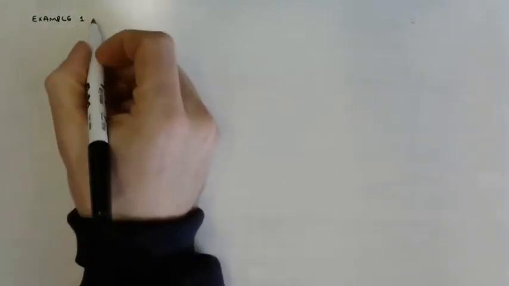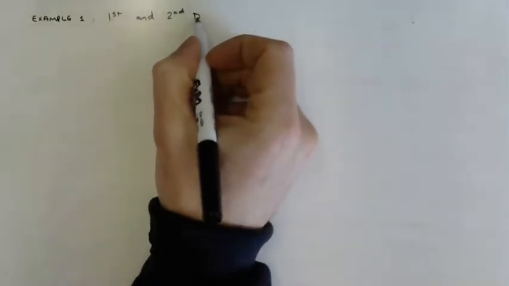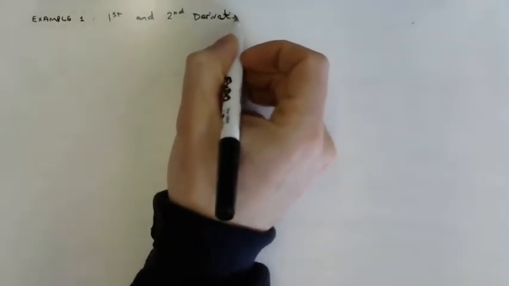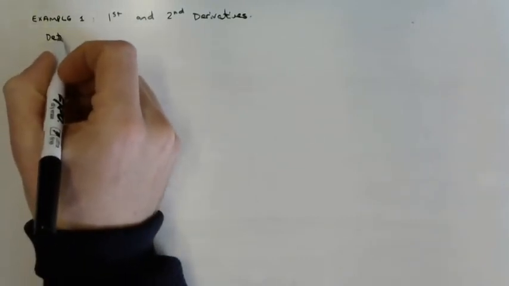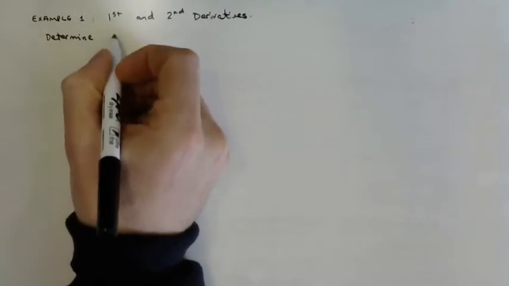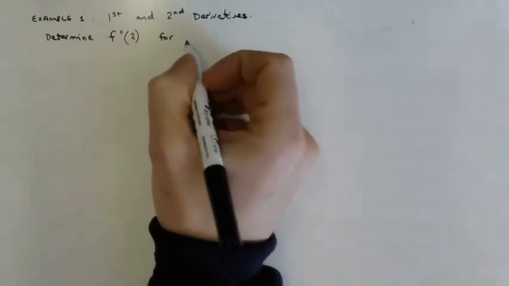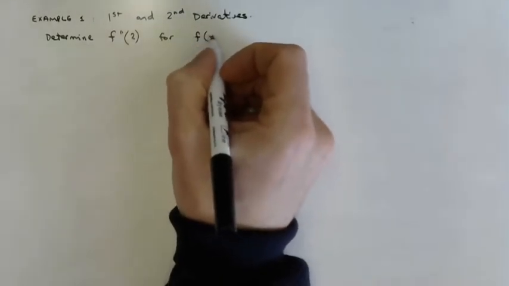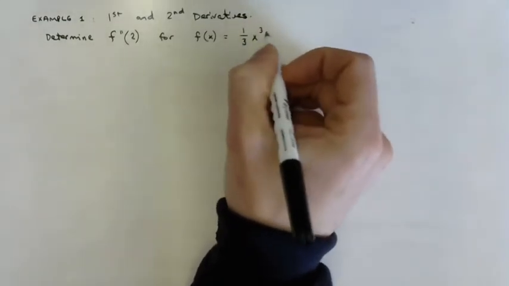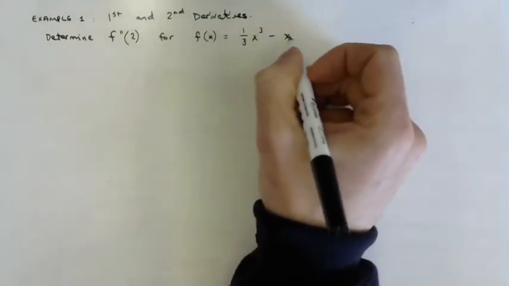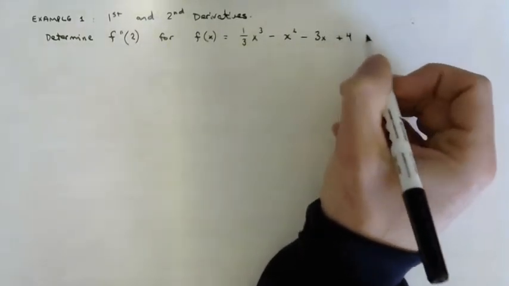All right, example 1 is dealing with first and second derivatives. We are going to determine f double prime of 2 for the function f of x equals 1/3 x cubed minus x squared minus 3x plus 4.